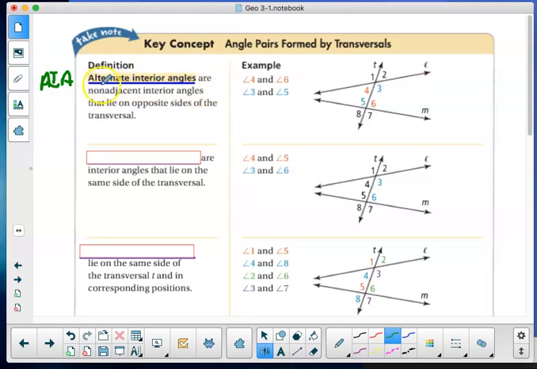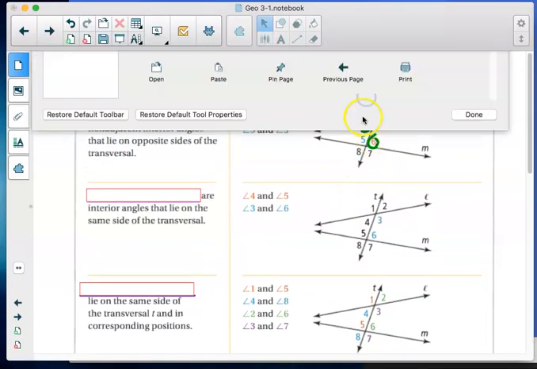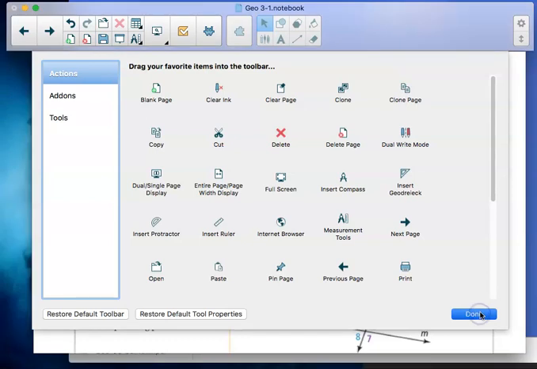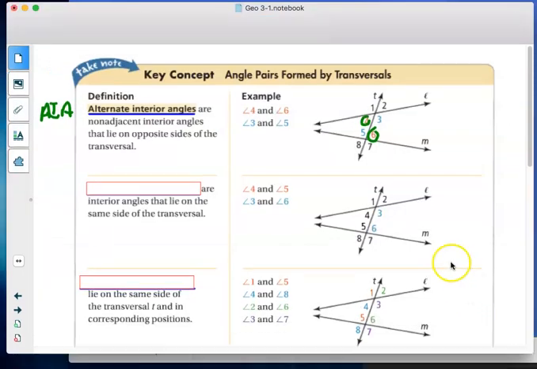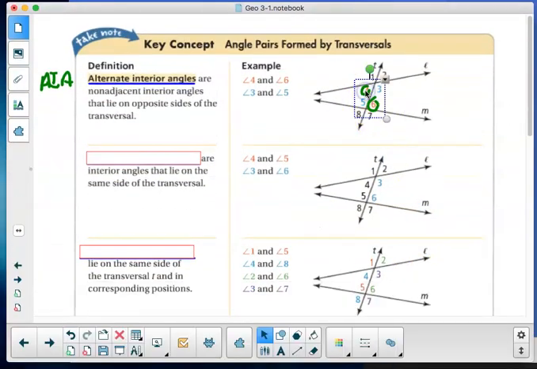Alternate interior angles are non-adjacent interior angles that lie on opposite sides of the transversal. So 4 and 6 are an alternate interior angle pair, and 5 and 3 are also alternate interior angle pairs. I've got colors on them here.